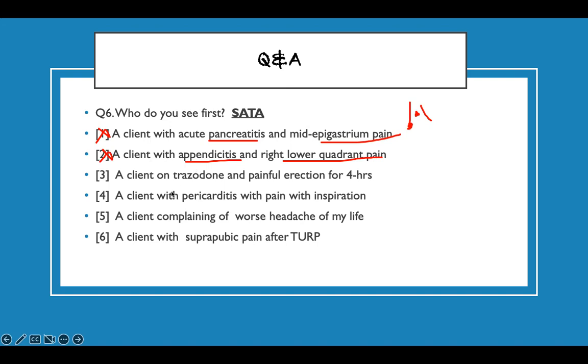A client on trazodone and a painful erection. So he is on trazodone and has had an erection for more than 4 hours. This is one of the side effects of trazodone, priapism. But it's been more than 4 hours. This pain is not just a single pain. It's the pain that will let him lose his limb.